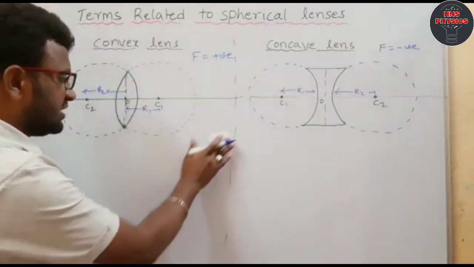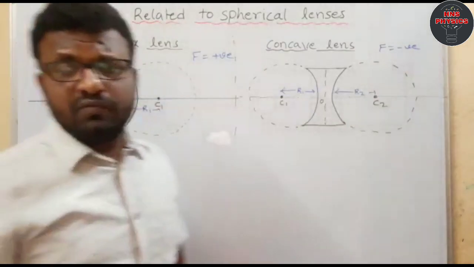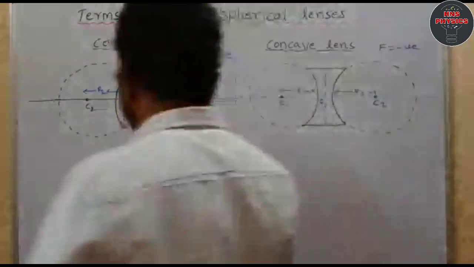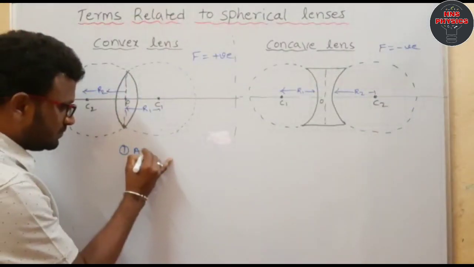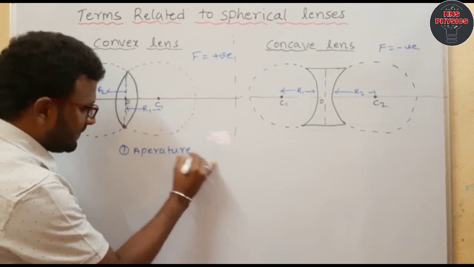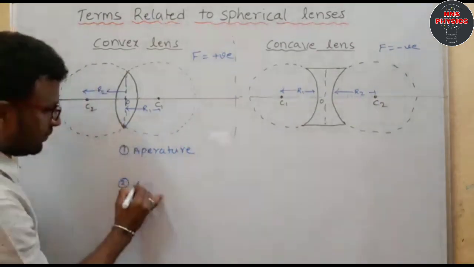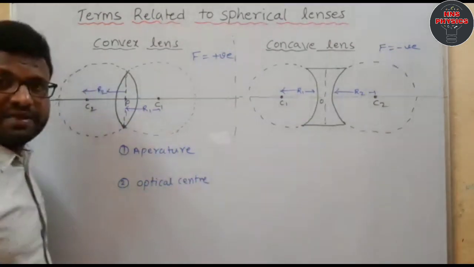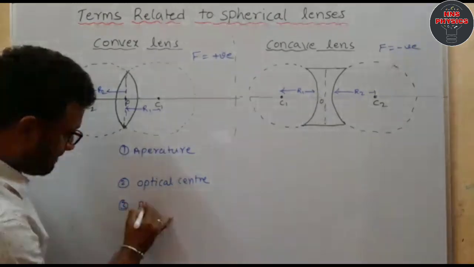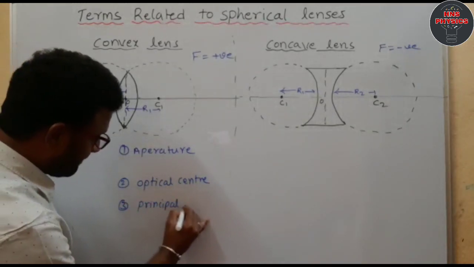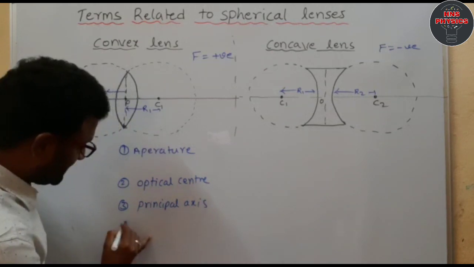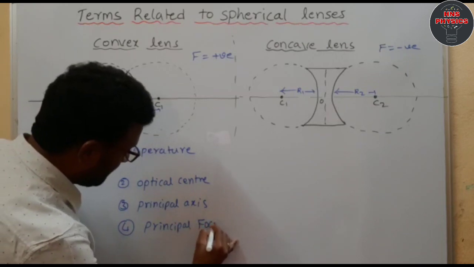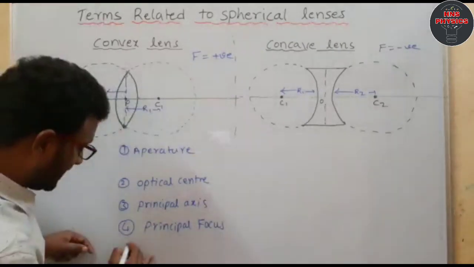Now we have to see the terms related to spherical lenses. The first one is aperture, the second one is optical center, the third one is principal axis, the fourth one is principal focus, and the fifth one is focal length.